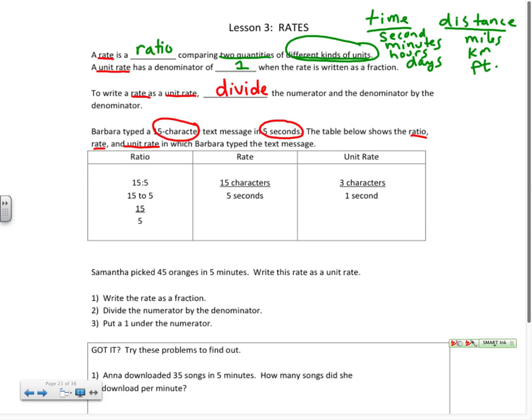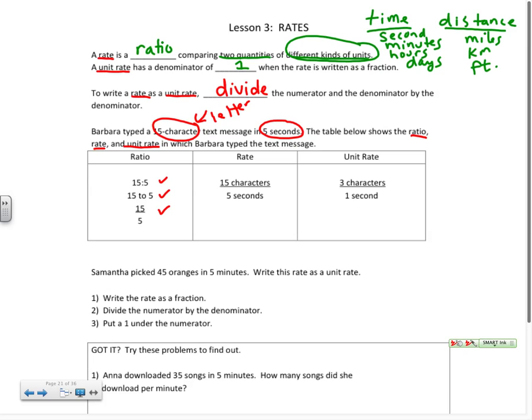The character actually stands for the word or the letters. Each letter is called a character. So she typed 15 letters in 5 seconds. Our ratio, which simply compares two numbers, would be 15 to 5 with a colon, 15 to 5 with words, and 15 to 5 looking like a fraction.